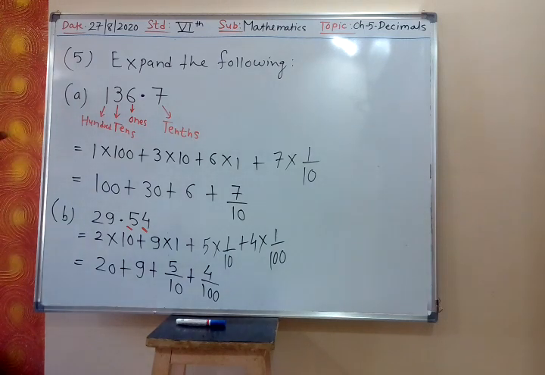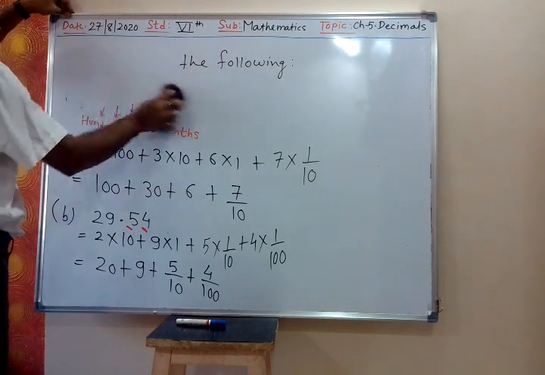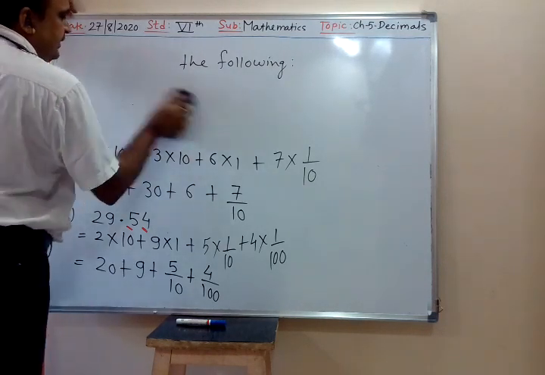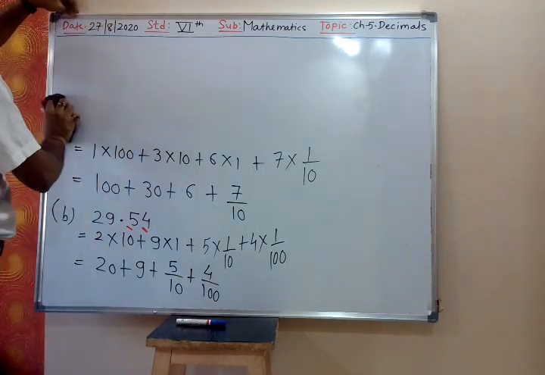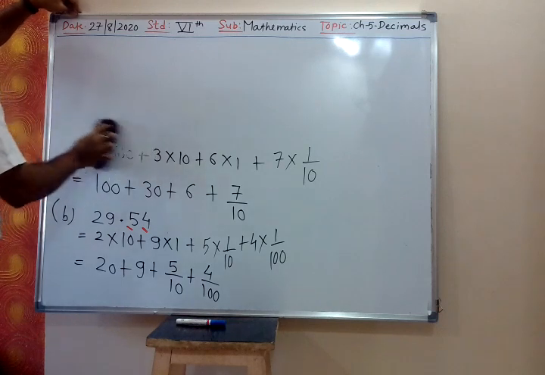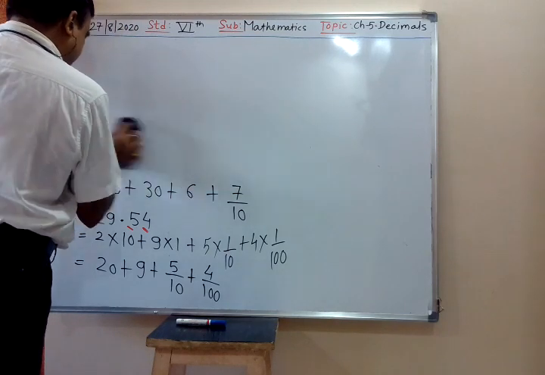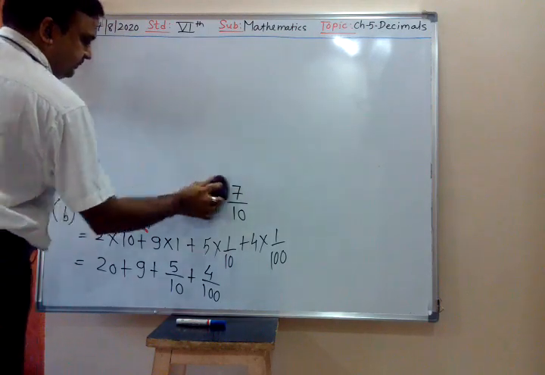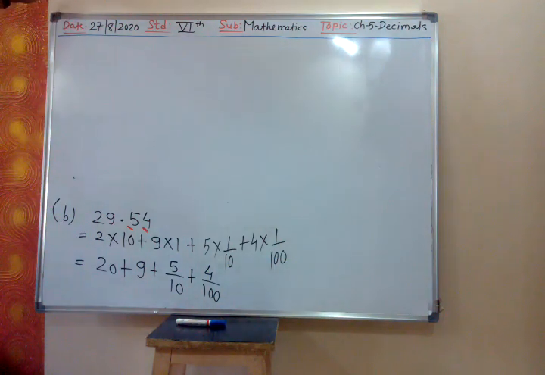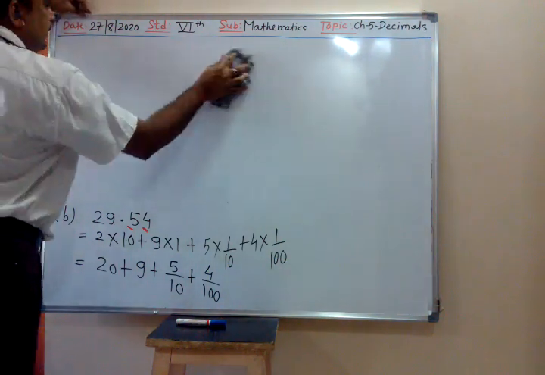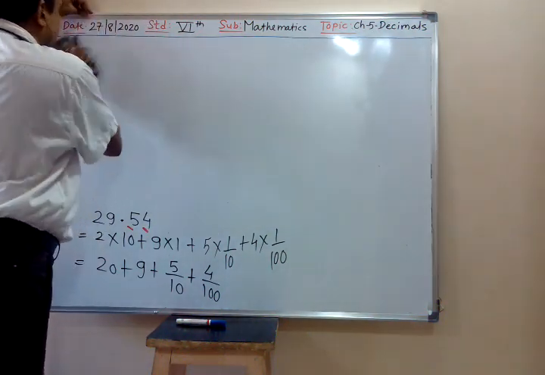Now next is 398.142. Third one, do the C part. 398.142. Let me explain.